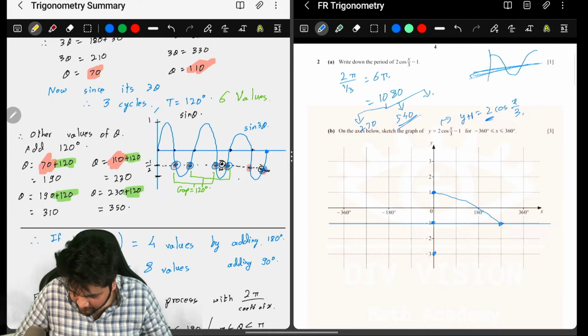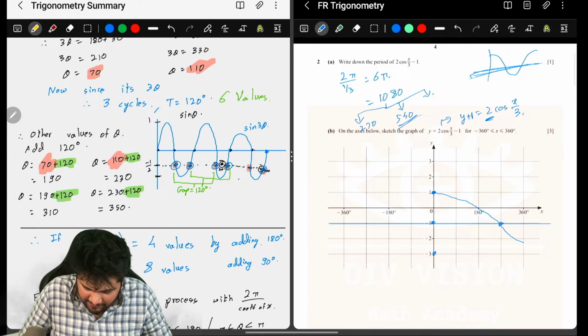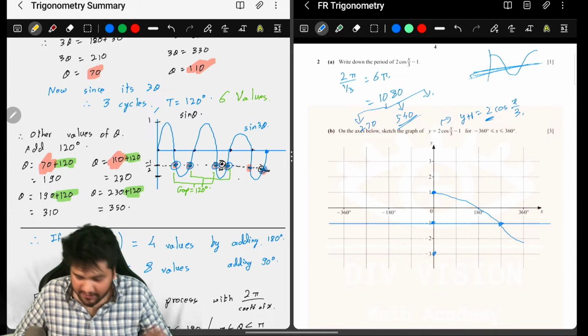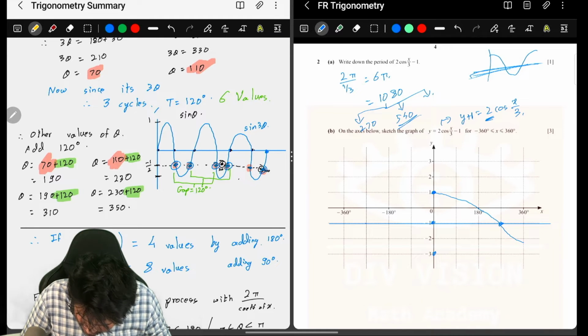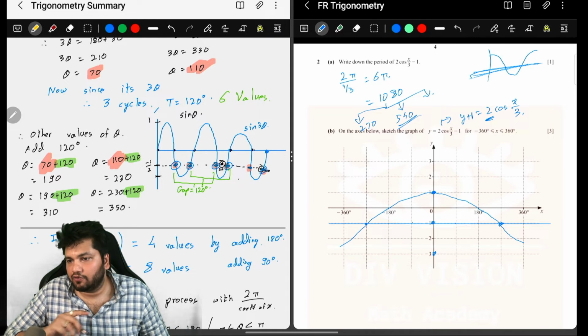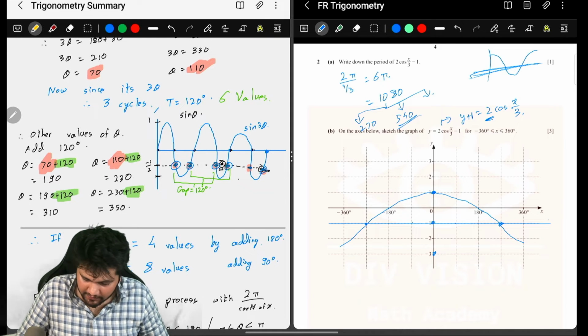Obviously 540 we don't have, so we'll just continue it like this. Similarly, whatever you have drawn on the right hand side, you'll have to draw on the left hand side as well. I mean, if you can count 1 2 1 2 like this, this is what you will get, the cosine curve of this particular graph.